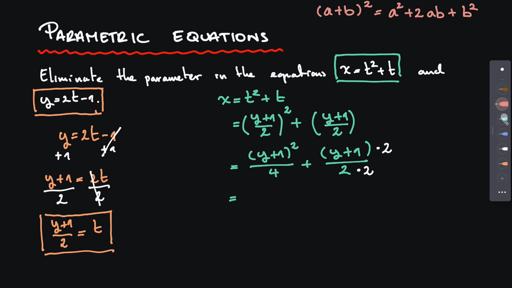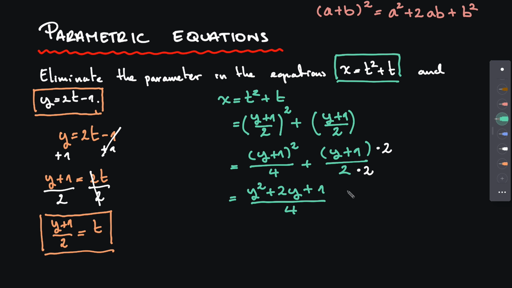So we can apply that here. So the first term to the power of 2 will be y to the power of 2, right? Plus 2 times the first one times the second one. So 2 times y is 2y times 1 is 2y. So plus 2y plus the second term to the power of 2. So 1 to the power of 2, it's 1, right?